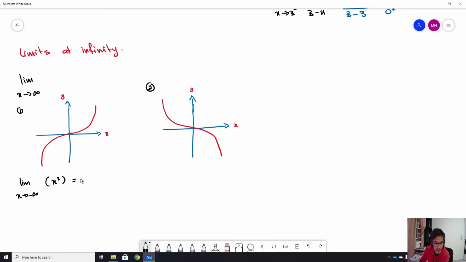When x goes towards negative infinity, we get negative infinity because of the power of 3. If it were the power of 2, it would be positive infinity. If we have the limit as x approaches positive infinity of x to the power of 3, that will equal positive infinity.